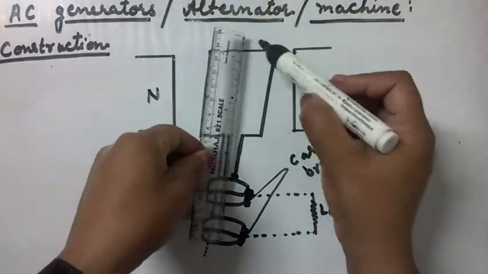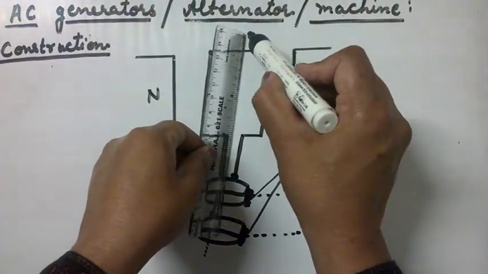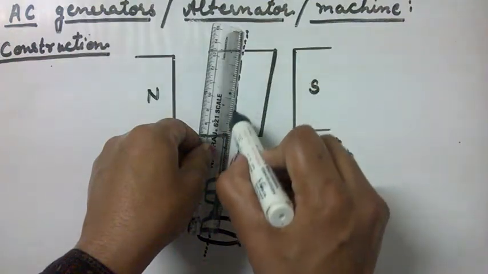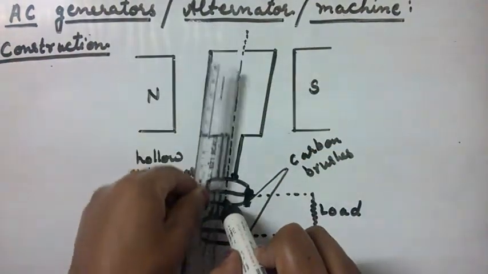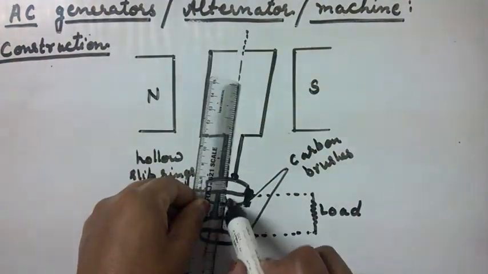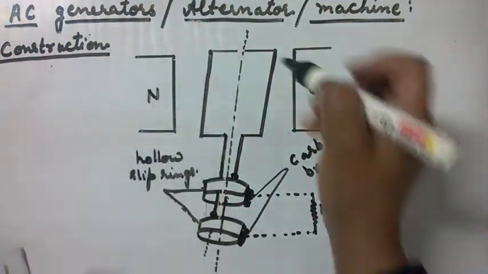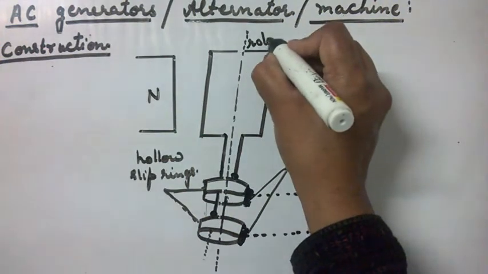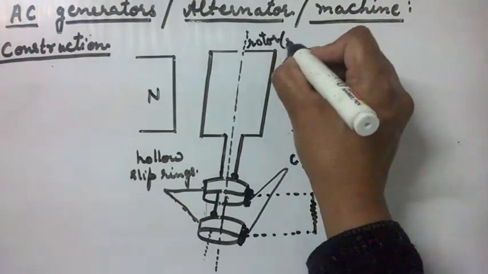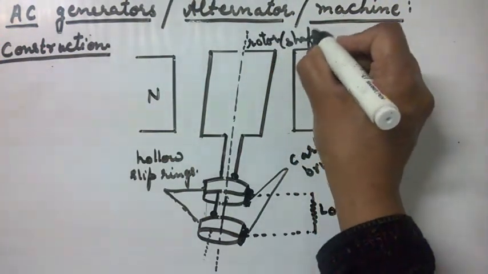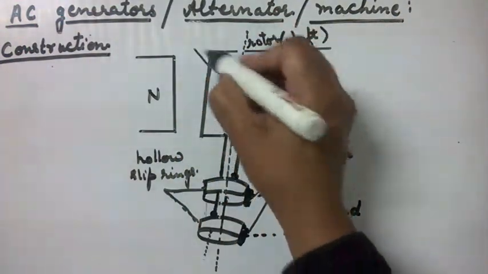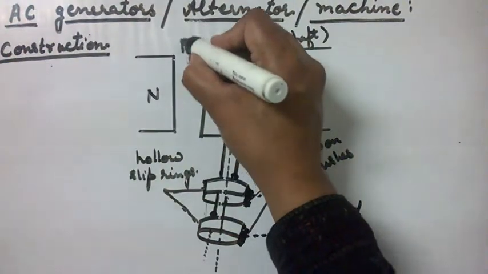The coil rotates along a fixed axis, known as rotor or a shaft. Rectangular coils are known as armature.